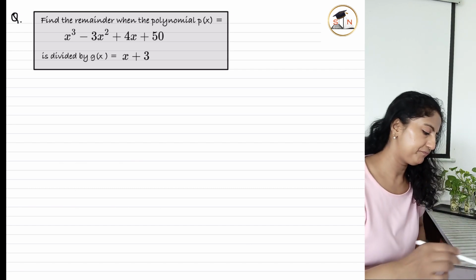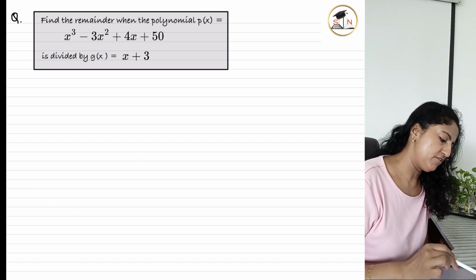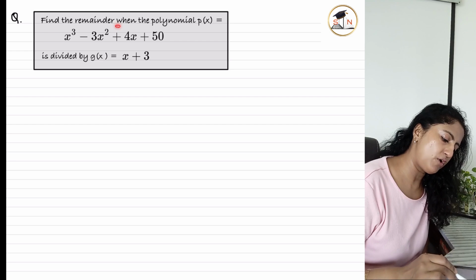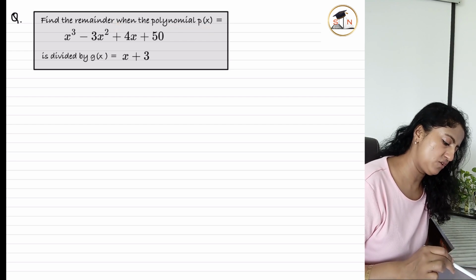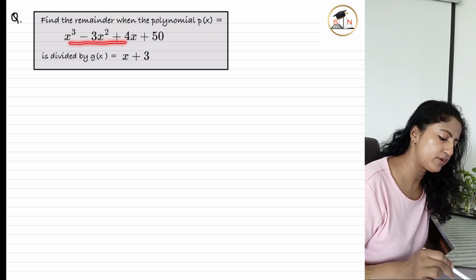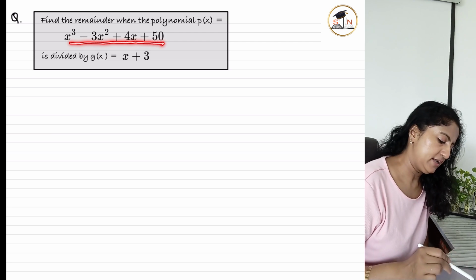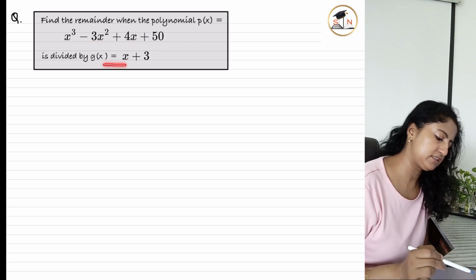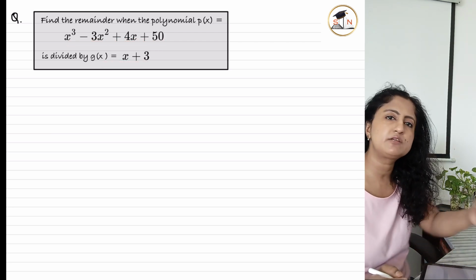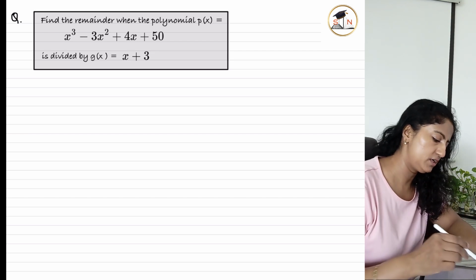Okay. So now we have got another one over here, which is: find the remainder when the polynomial x cubed minus 3x squared plus 4x plus 50 is divided by g(x) equals x plus 3. This question is absolutely similar to what we have just solved.